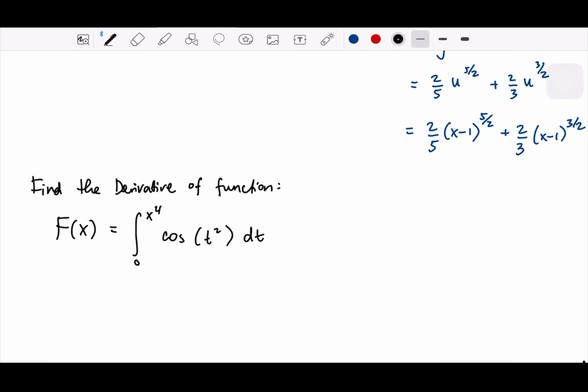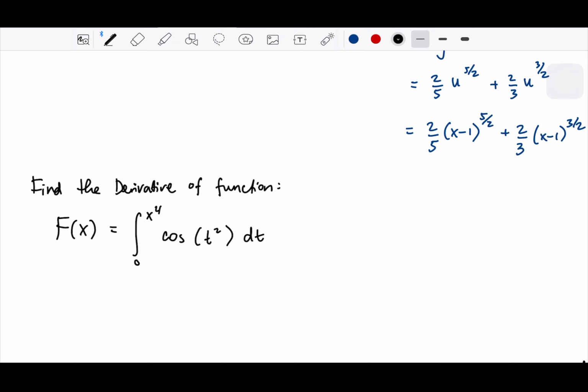Okay. Now, if you remember how to solve this, basically what the fundamental theorem of calculus says when we try to derive this whole integration is that we need to remove this integral symbol, right? Which means that this x to the power of 4 needs to be put inside.